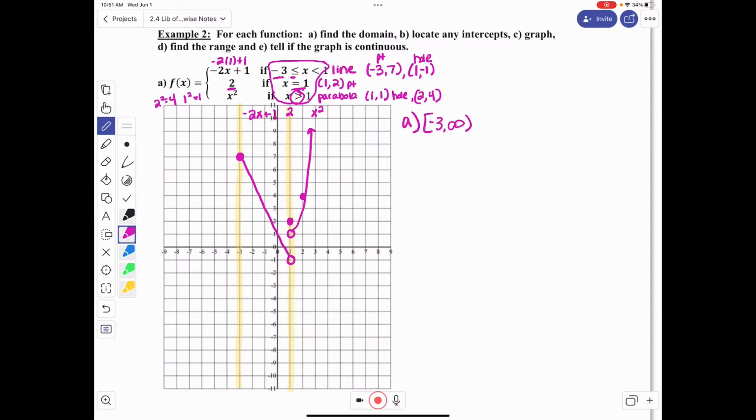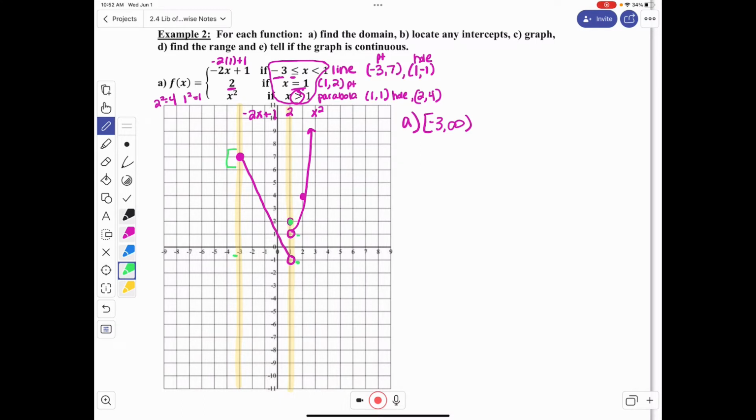So if I'm looking at my graph, you look at your graph from left to right. So we can see that it starts here. This is the furthest left it goes. And again, we're at -3 here. And if we go from left to right, we can see that as I move from left to right, even though we have holes here and here, I do have this point that's there.